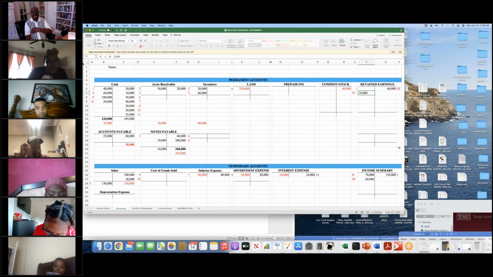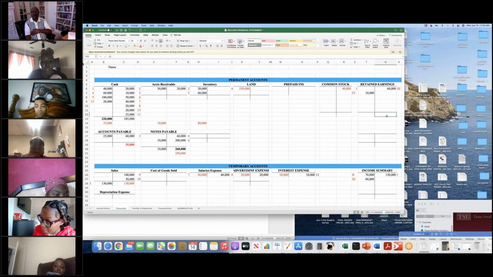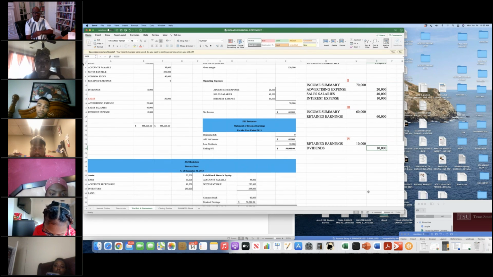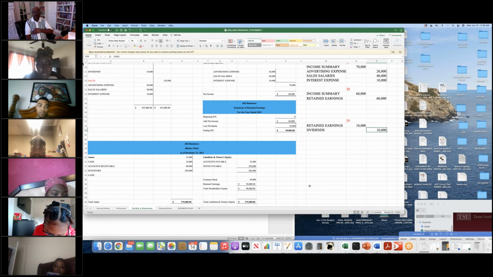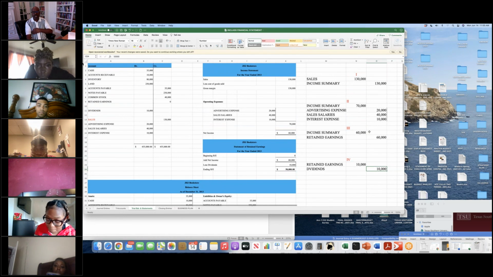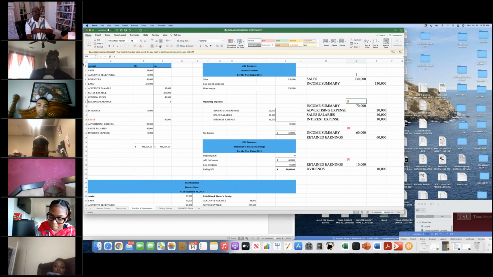So what's our balance in retained earnings going to be now? And so that 50,000, which is here, which should be on your balance sheet now, occurs after we make these 4 closing entries.